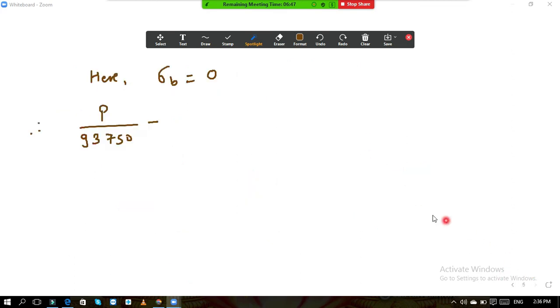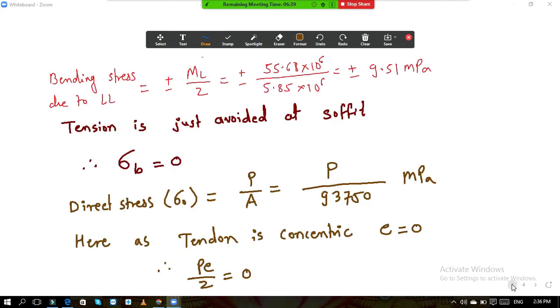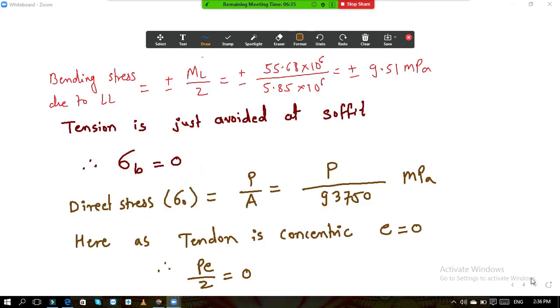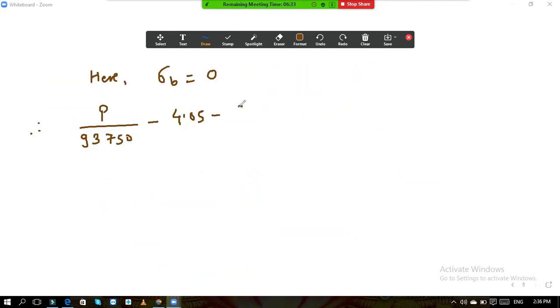So minus 4.05 minus 9.51, which must be equal to 0. Therefore P is equal to, if you solve this you will get the value of P. It is 1271.25 kilonewton. This is the value of pre-stressing force.